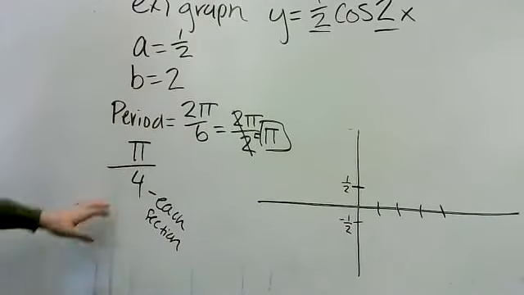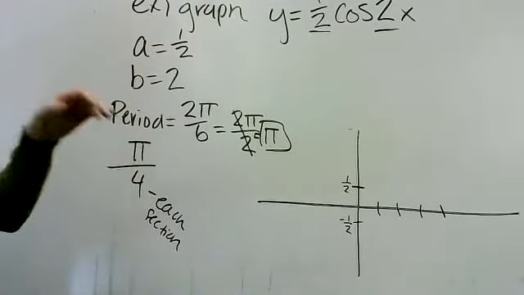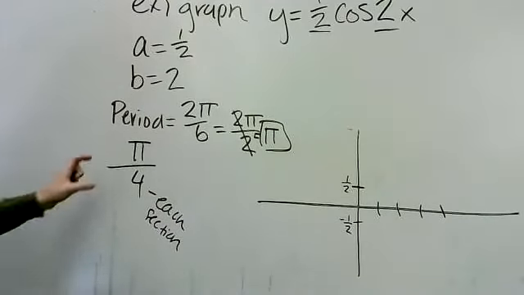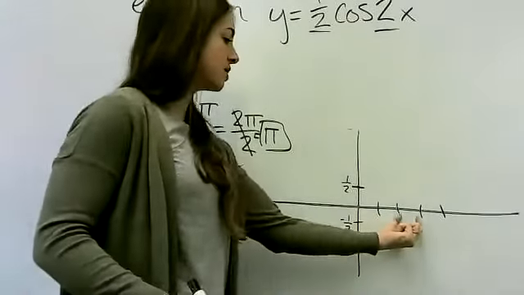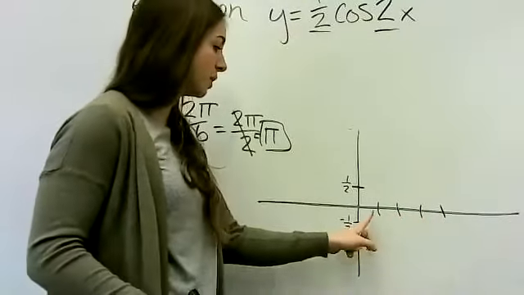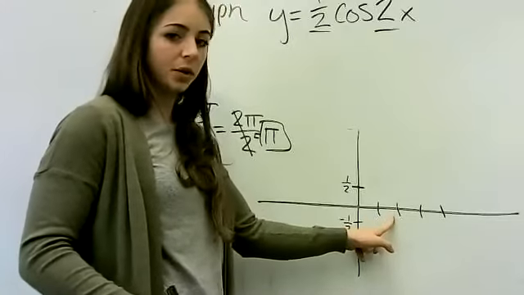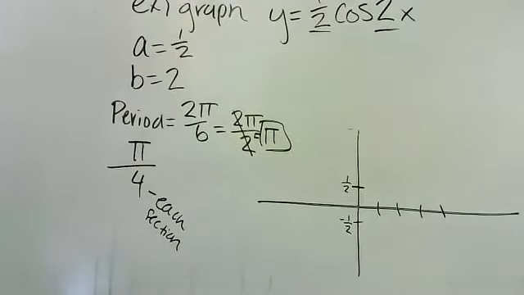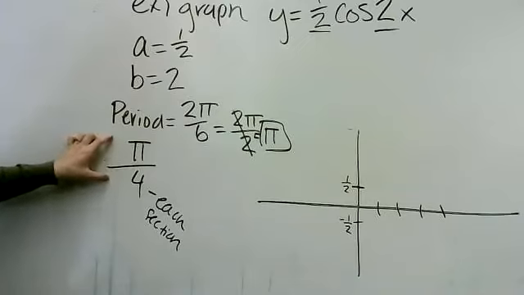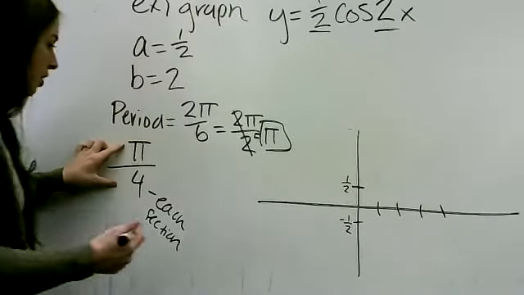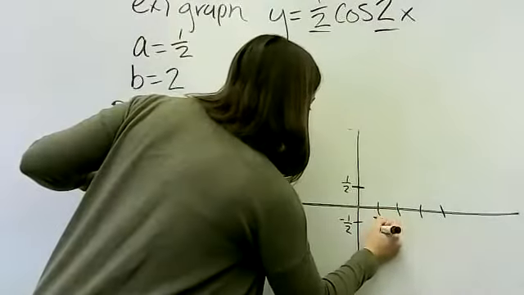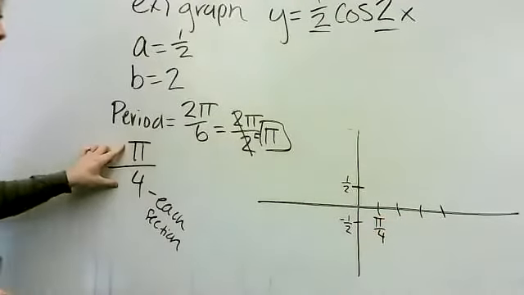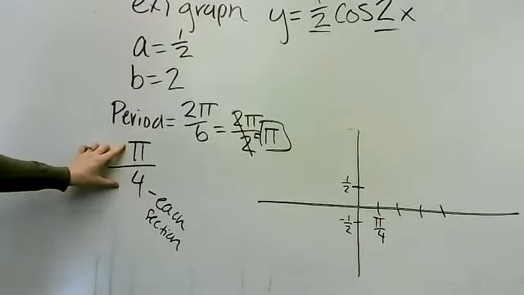This isn't to say that you label it all pi over 4, pi over 4, pi over 4; this is the length of each one of these 4 small sections. So this one equals pi over 4, this one equals pi over 4, this one equals pi over 4, and that one equals pi over 4. But I have to then label them correctly. So I start with this new period length, and I say pi over 4. We can simplify later; count up by ones for now.